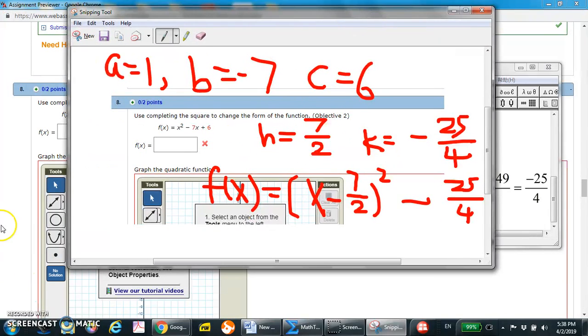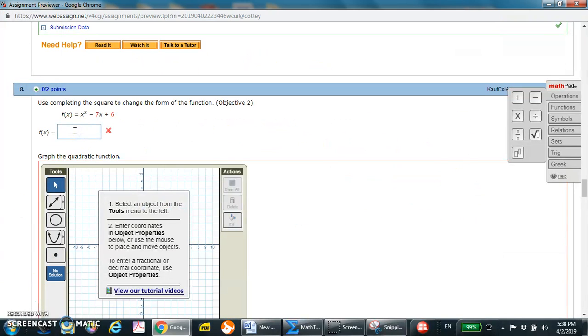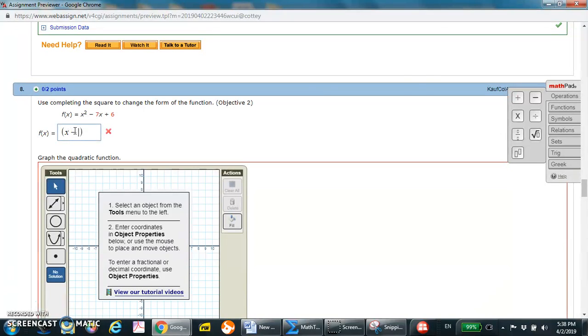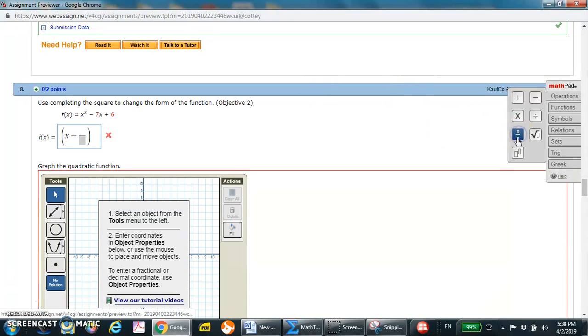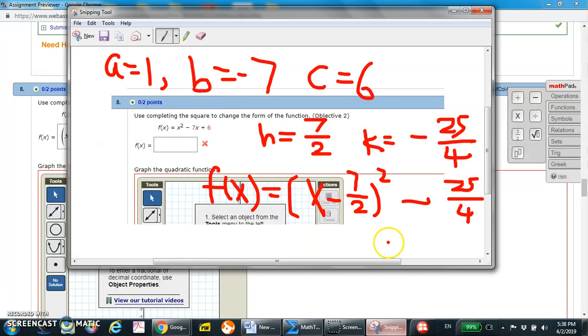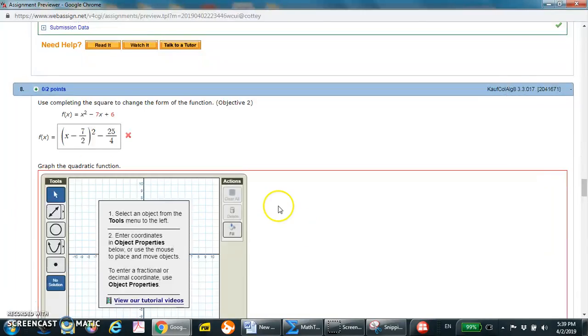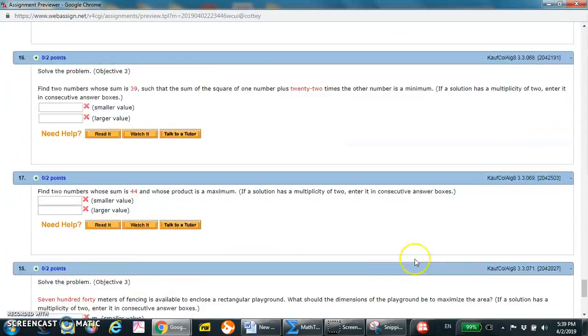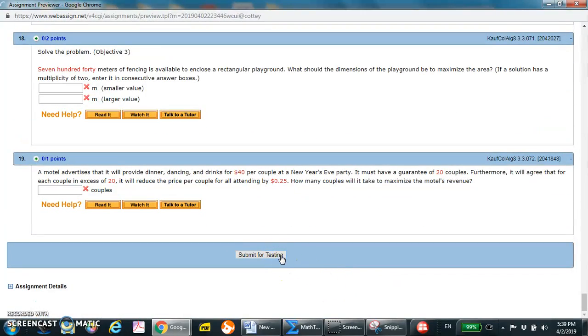Okay, let's check this answer. x minus, if you want to type a fraction, you want to use this option, so 7 over 2, and click on this, you can type square, and minus 25 over 4. Let me double check. Okay. And let's check this result.